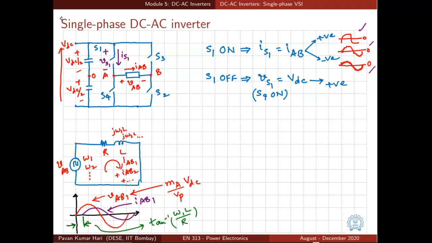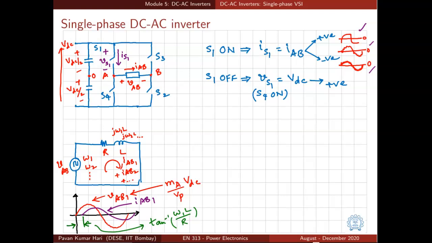So consider the load as RL, and VAB has components omega 1, omega 2 and so on. Omega 1 is the fundamental component, omega 2 is the next harmonic component, it's not the second harmonic, of course. As we have seen, the immediate harmonic component is at very high frequency, so the current is dominated by the fundamental component.